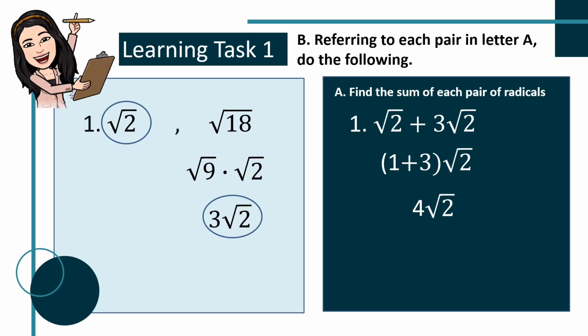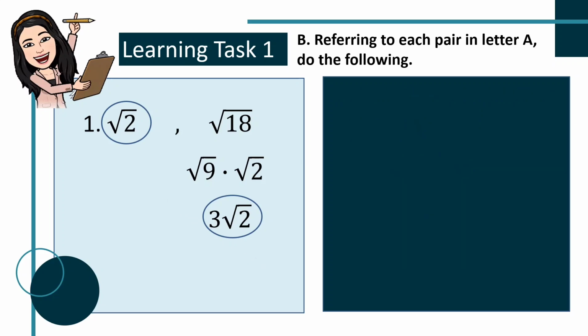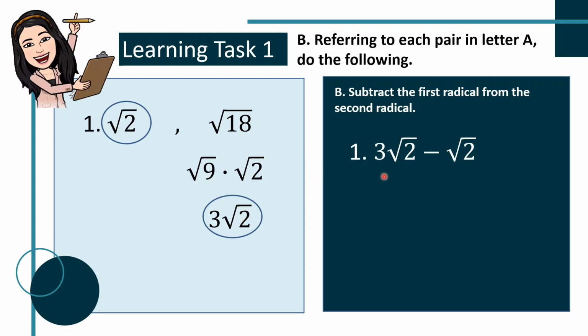Okay? Next, letter B. Sabi dyan, subtract the first radical from the second radical. Ibig sabihin, yung first radical ang isusubtract natin sa second radical. Ayan po ang magiging itsura niyan. We have 3 square root of 2 minus square root of 2.